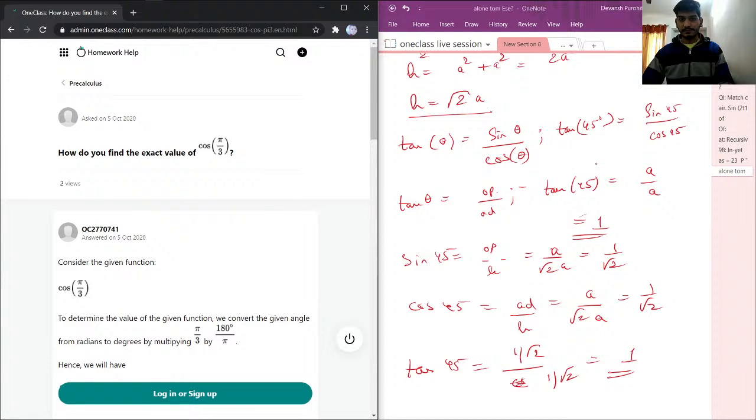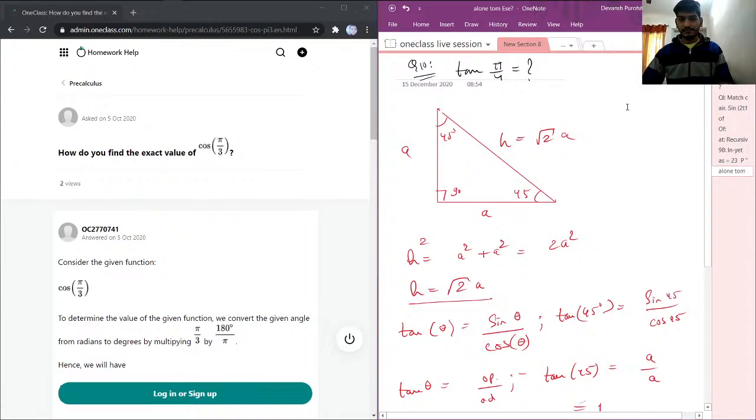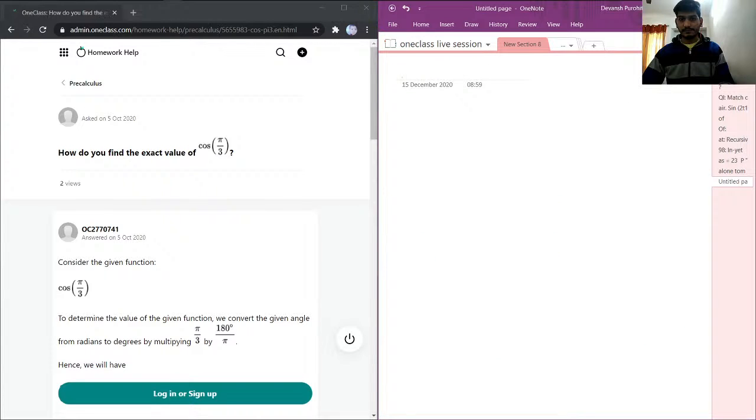Again, we have one more trigonometric question. This was question 10. This is going to be my question number. We need to find the exact value of cosine pi over 3.